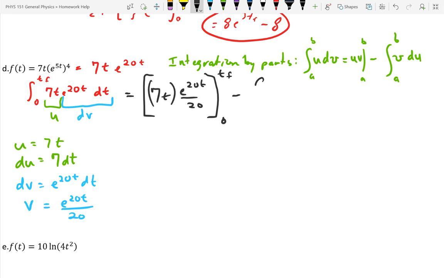minus the integral from 0 to t final of my v, which is e to the 20t over 20, that would have been a big mistake, multiplied by my, and I'm going to actually be consistent with colors. Let's do that.